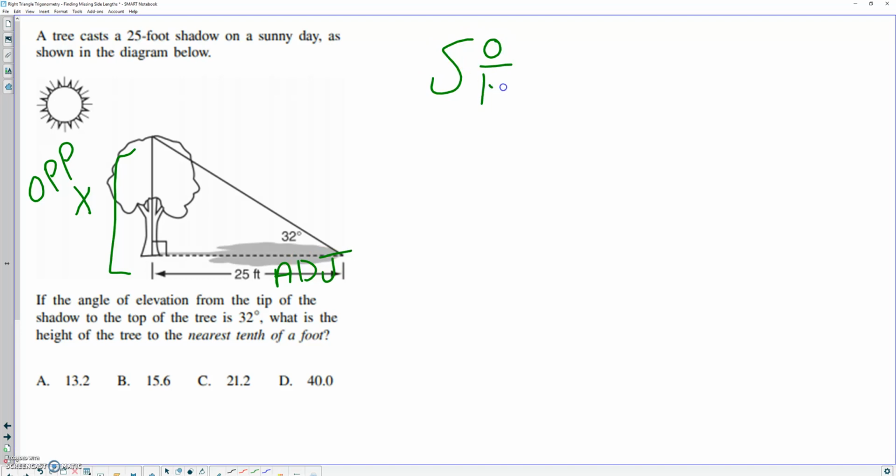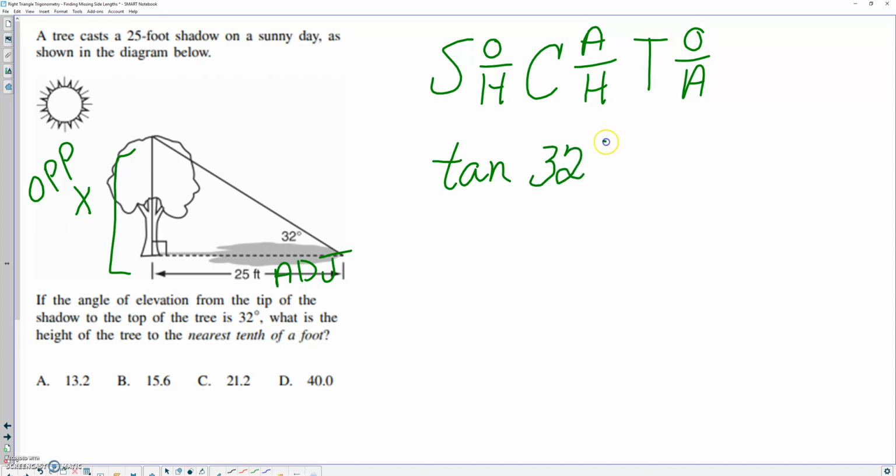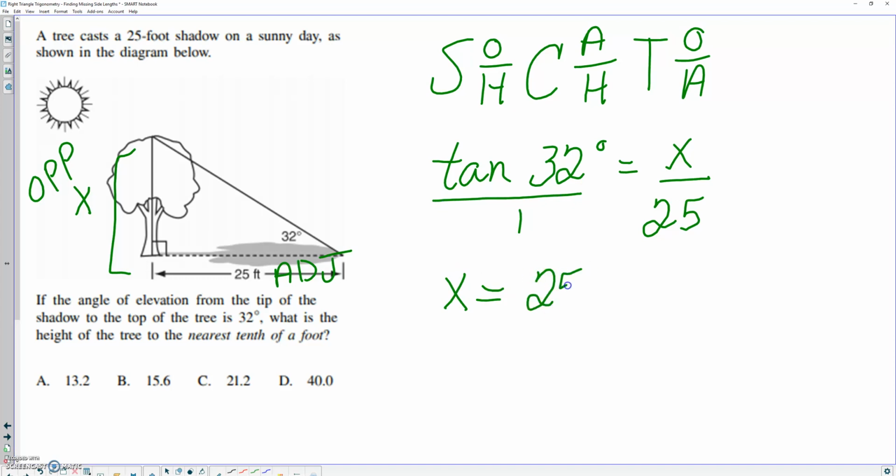So I write down SOHCAHTOA. So the ratio that involves the opposite side and the adjacent side is tangent. So we do tangent of 32 degrees equals opposite over adjacent. All right, so we're going to cross multiply. So we get x equals 25 times tangent of 32 degrees.